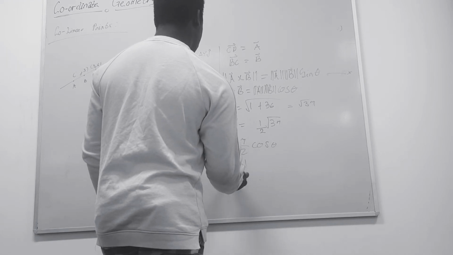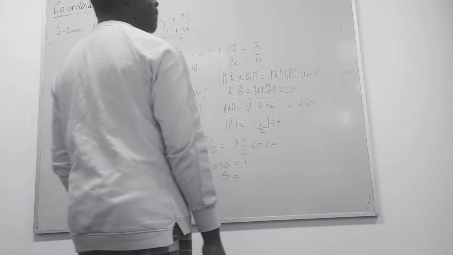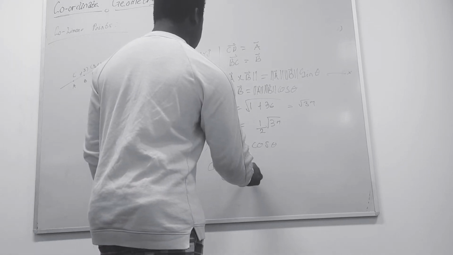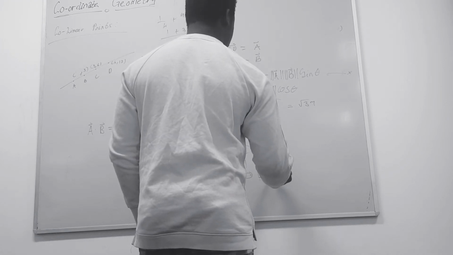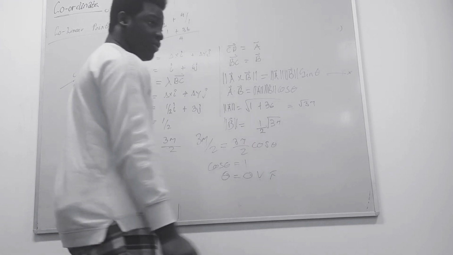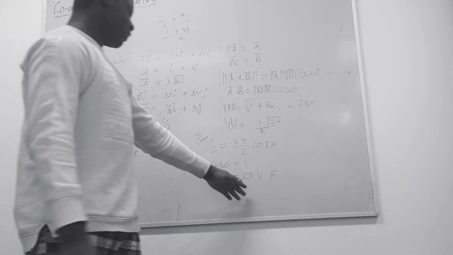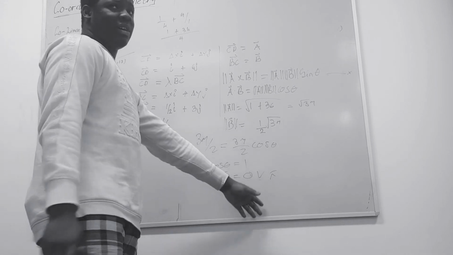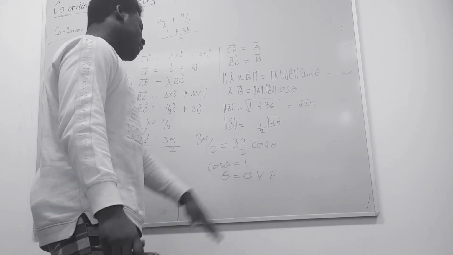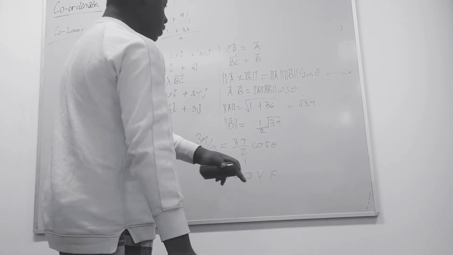Theta is equal to 0 or pi, or 180 degrees. So the angle is equal to 0 degrees or pi. I think in my previous videos I showed why theta is 0 or 180 degrees.